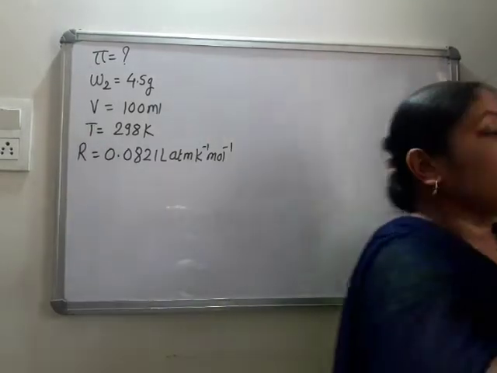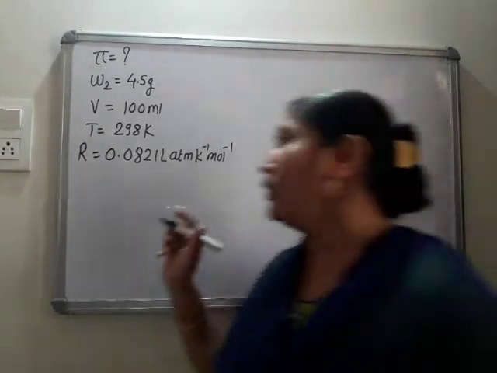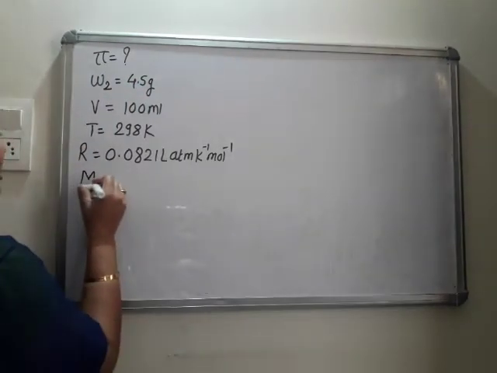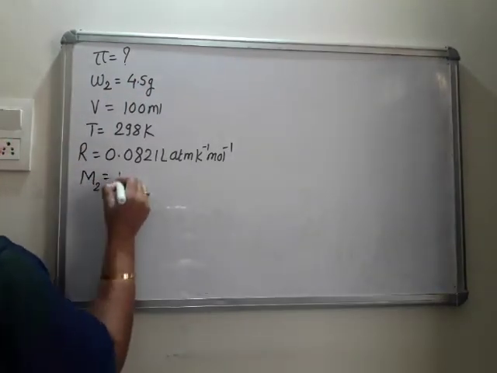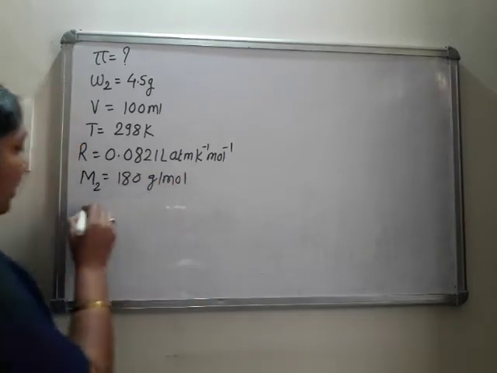Okay, now see, solute used is glucose. So we know its molar mass, M2 is 180 gram per mole. What is our formula?